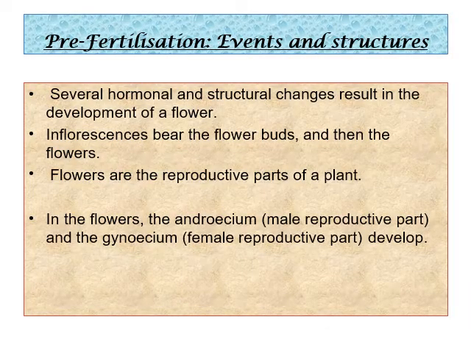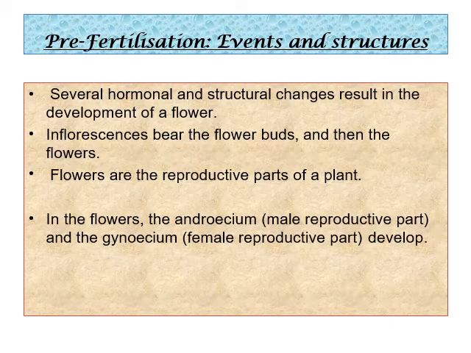If I talk about pre-fertilization, this is an event that takes place before fertilization. Before undergoing fertilization, the male and female reproductive parts develop the gametes, that is, the male and female gametes, the ova and the pollen grains.